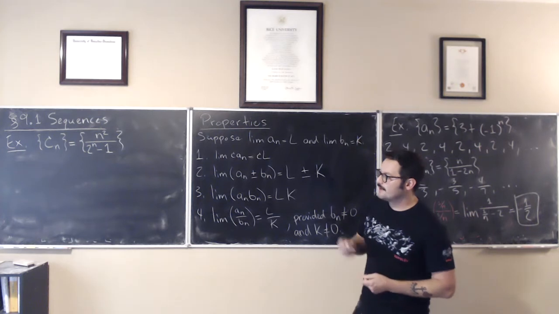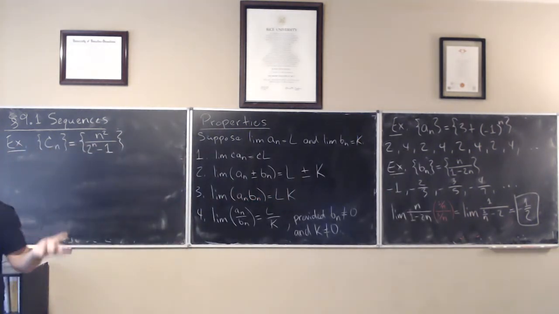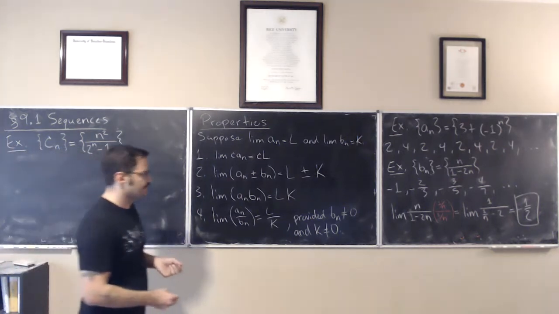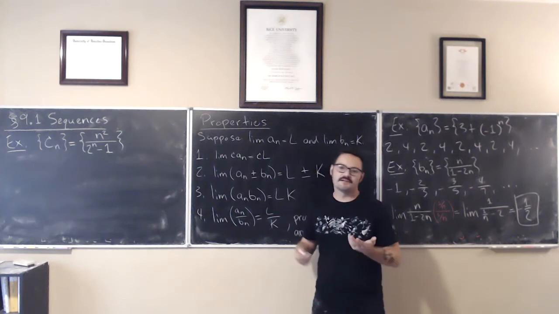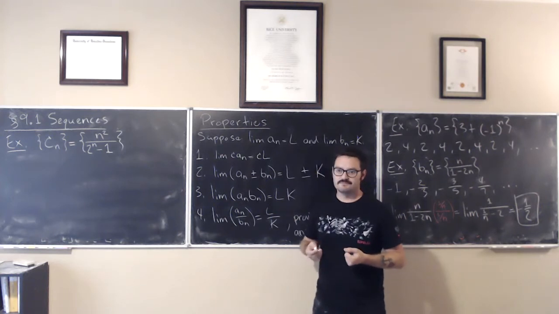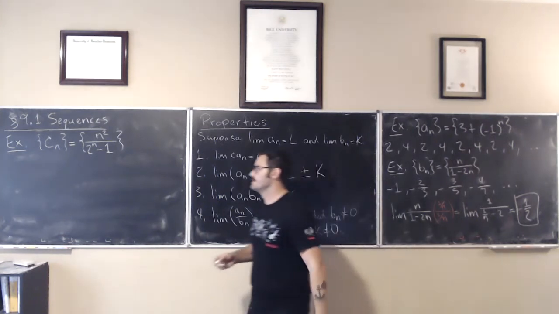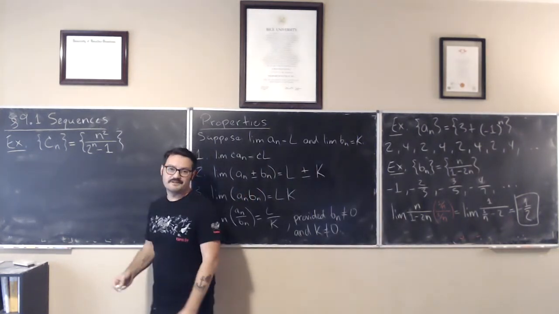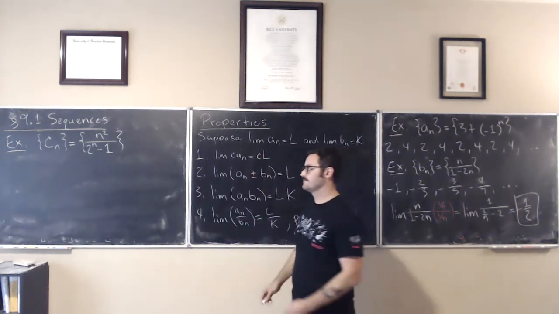Well, what do we know about the numerator? It is a polynomial in n, right? In the denominator, we have an exponential. Which grows faster as n increases, the polynomial or the exponential? The exponential is definitely going to grow much faster than that n squared business.